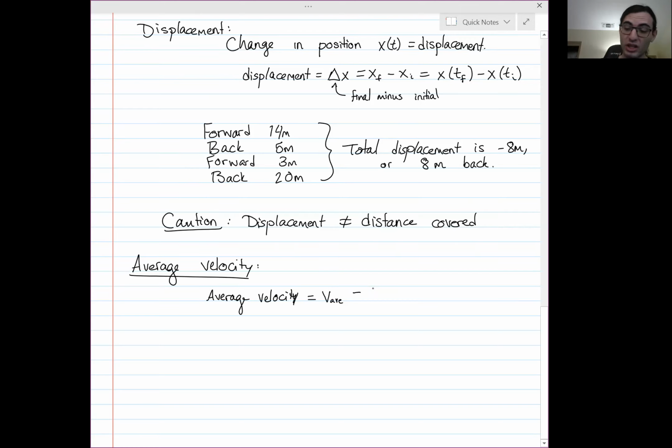This is just the total displacement, delta x, divided by the time it takes, right? So if velocity is going to mean what it typically does, i.e. higher velocity means takes less time to go a certain distance, then the only way to compute that is with division, right? You divide a distance by the time.